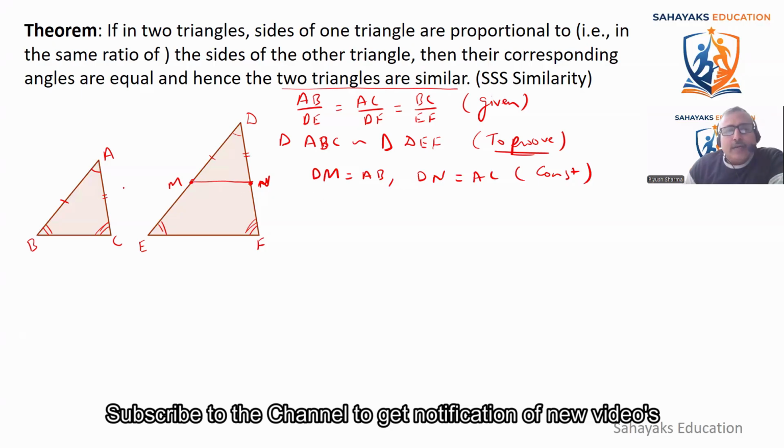Now, this is already given: AB by DE is equal to AC by DF. We know that AB is equal to DM and AC is equal to DN.